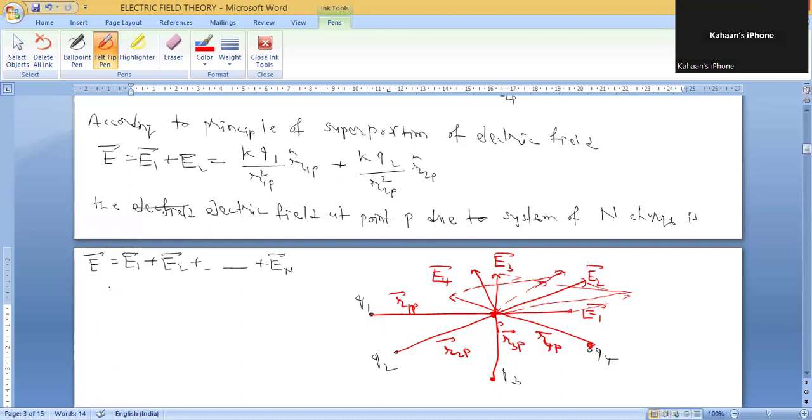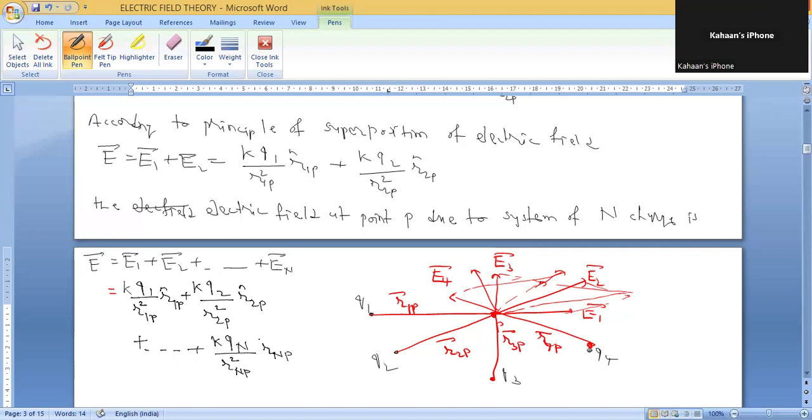So now here we write E is equal to K Q1 by R1P square into R1P cap plus K Q2 by R2P square into R2P cap plus up to plus K Qn upon RnP square into RnP cap.